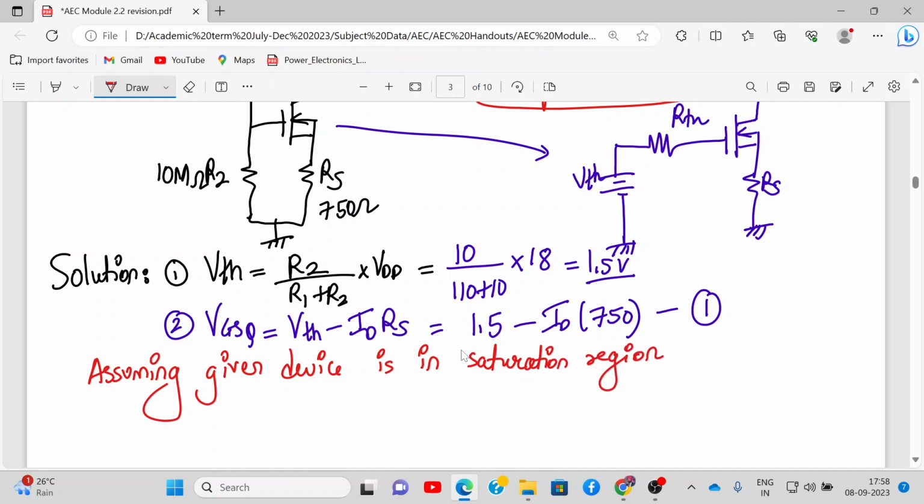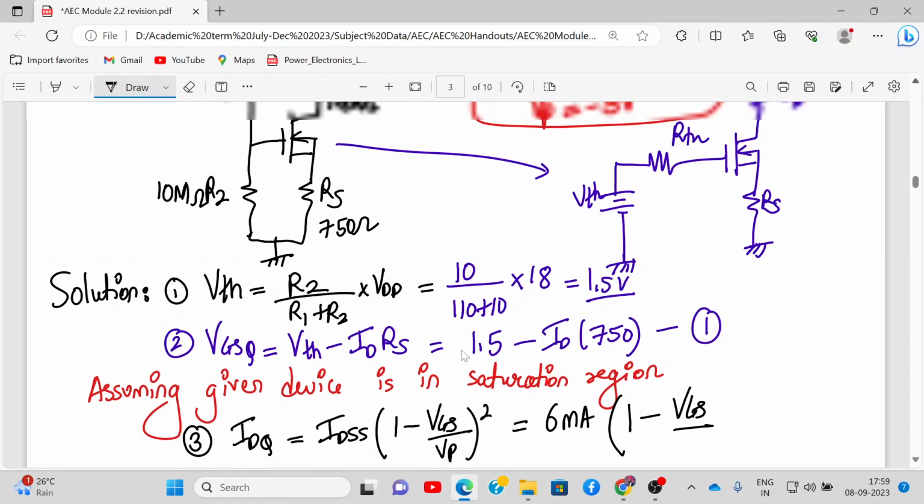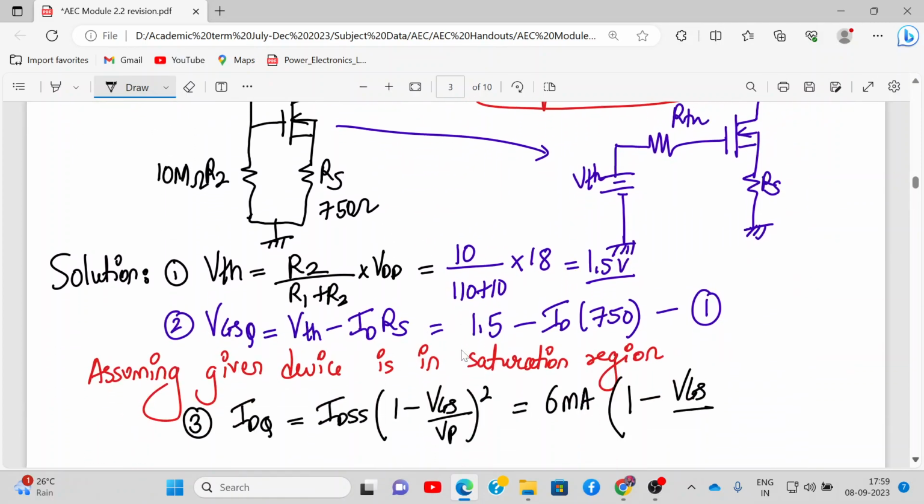We have to write this statement. Then we can say IDQ is given by IDSS into 1 minus VGS upon VP, the whole square. IDSS is given as 6 milliampere, 1 minus VGS upon VP, which is minus 3. If I substitute minus 3, this will become plus, squared.